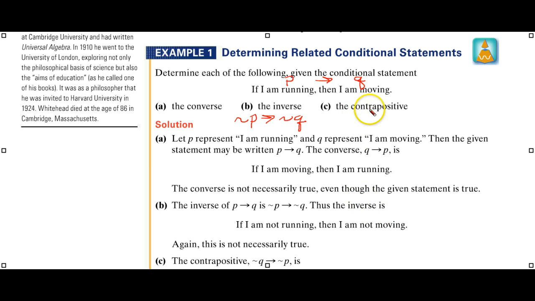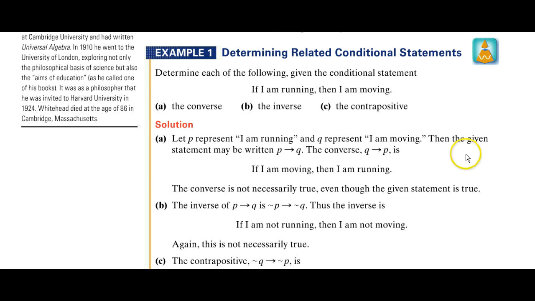Now, the contrapositive would be to reverse this order, not Q, yields not P. So if I am not moving, then I am not running. And since they are true, that is true.